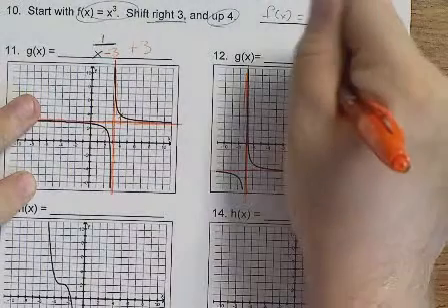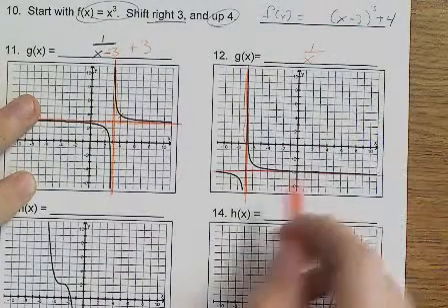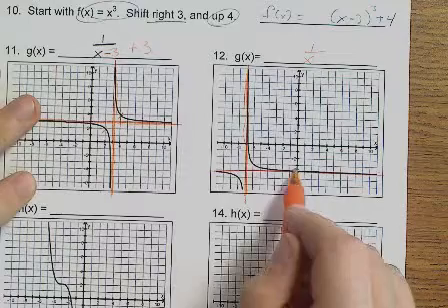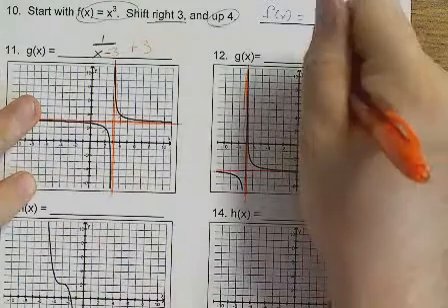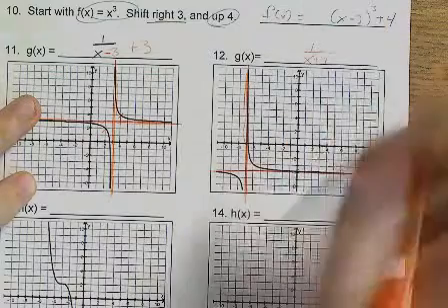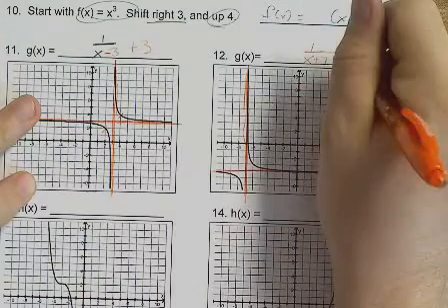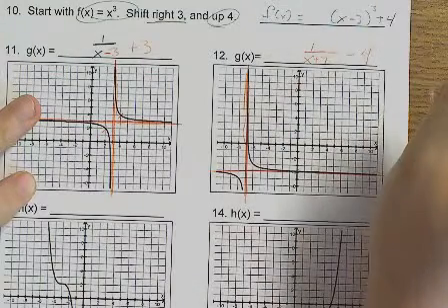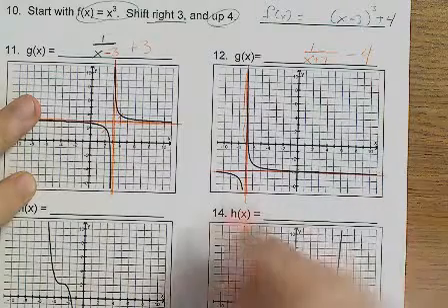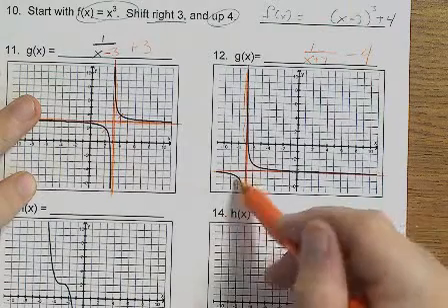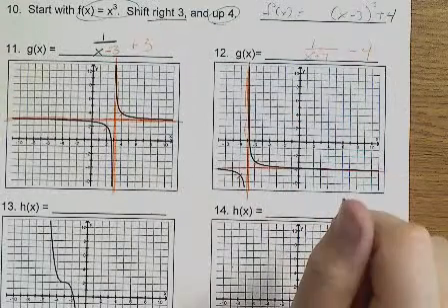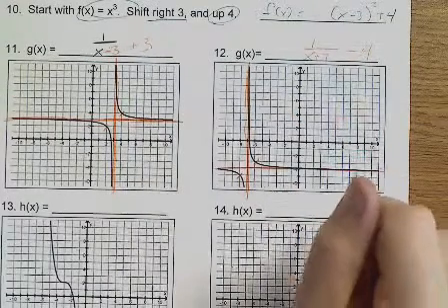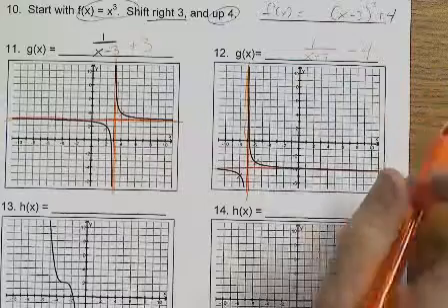Notice it moved left by 7, so plus 7. And we move down 4, minus 4. And these still in the same location, so there's no stretching, and also there is no reflections. So that was 2 rational examples.